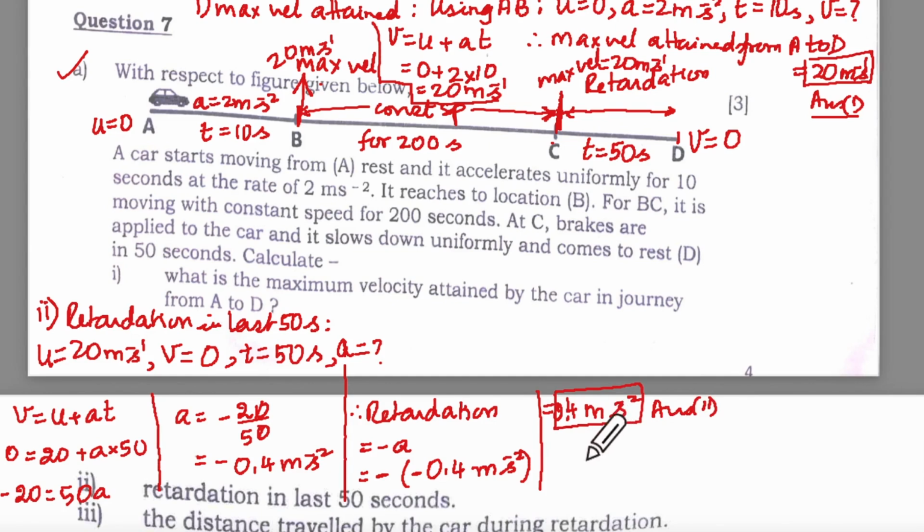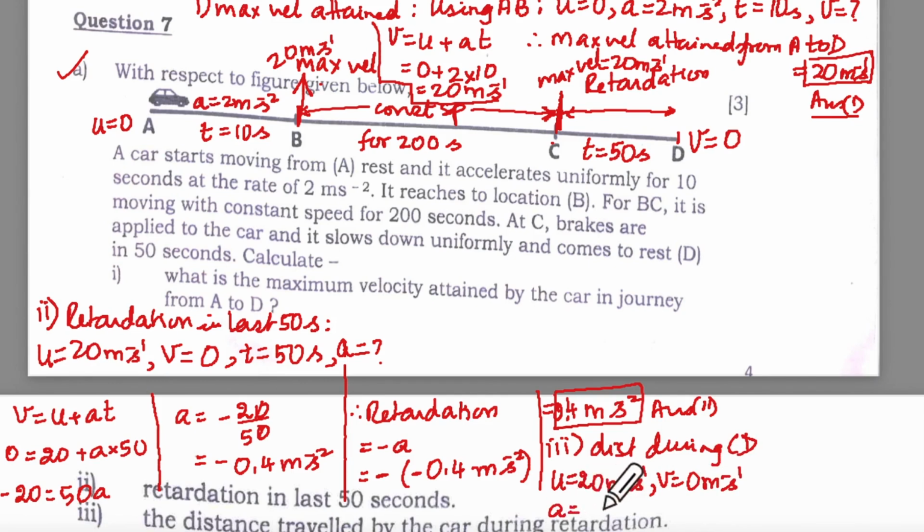What is the third part? The distance traveled by the car during retardation. Distance during, I'm writing CD. Is that okay? So I am writing initial velocity is 20 meter per second, correct? Final velocity is 0 meter per second, correct?